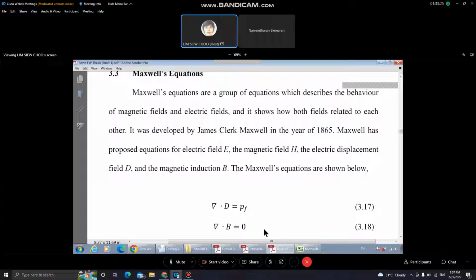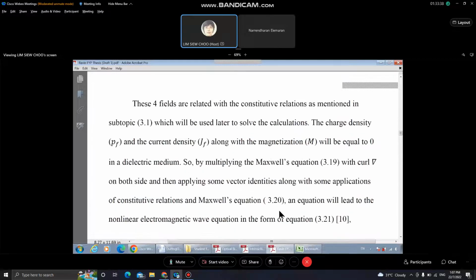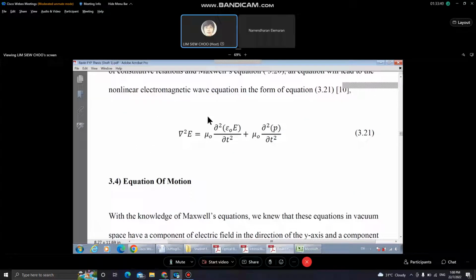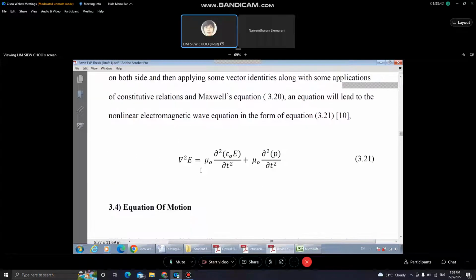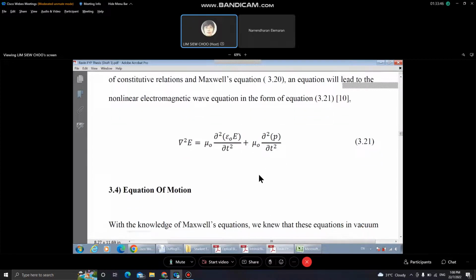I think the Maxwell equation is relevant. So the fundamentals that you need to use for the derivation, right? So the Maxwell equation and the consideration of this wave equation, right? Okay, so this is relevant that you need to put there.